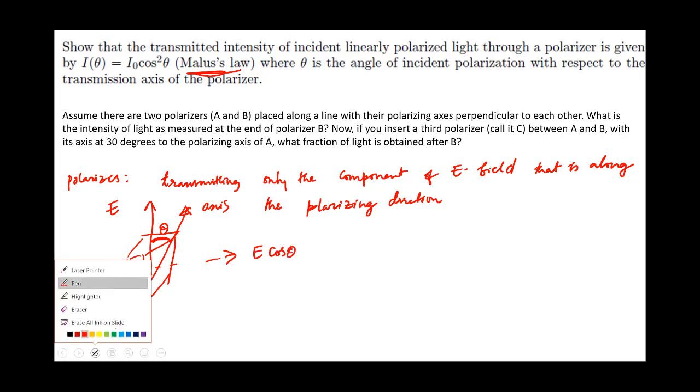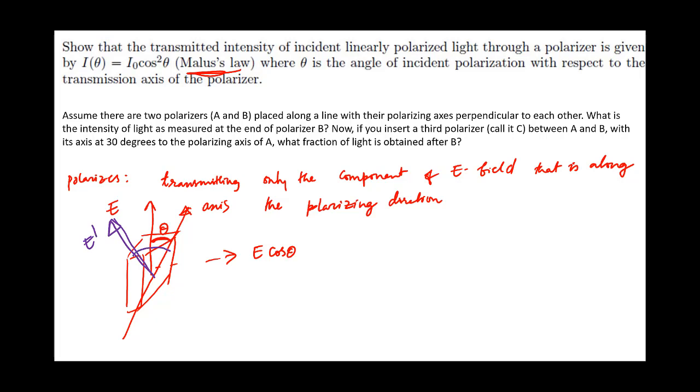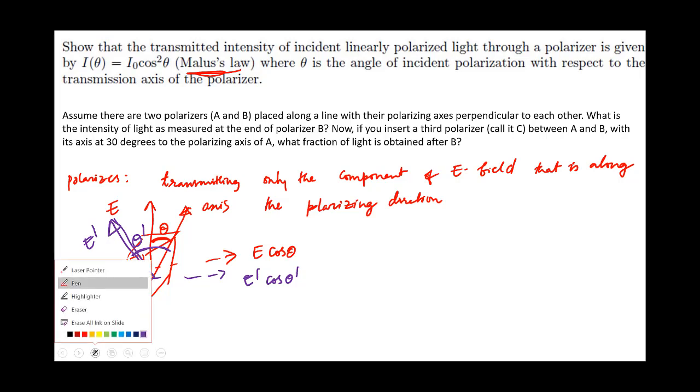And like I said in the last lecture, if you have another E prime along this direction that's making an angle theta prime, then only E prime cosine theta prime makes it out, right?